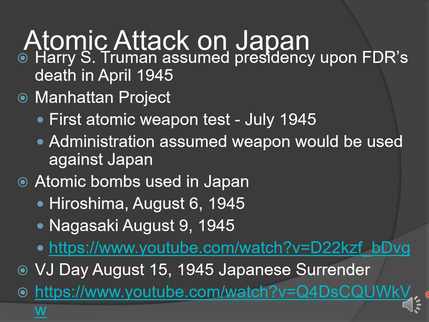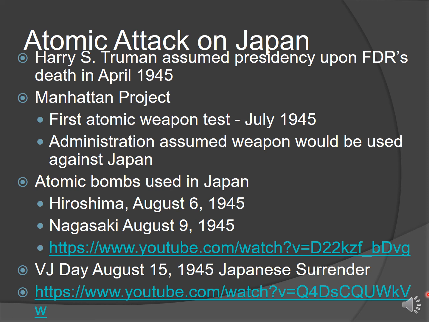Now, the official reason given for carrying out an atomic weapons attack against Japan is that it would save American lives. It was estimated that a ground invasion of Japan could cost hundreds of thousands of American lives. And so the official stance of the Truman administration was, in an effort to prevent that, the decision was made to drop the atomic weapons.